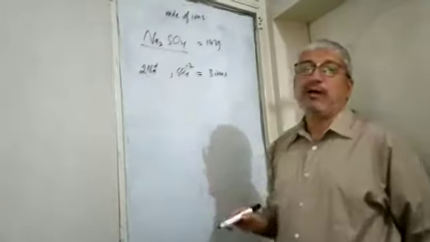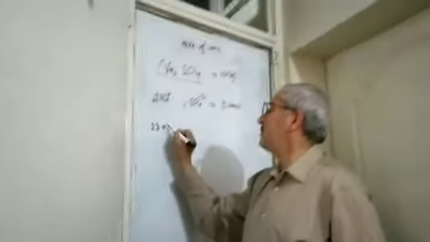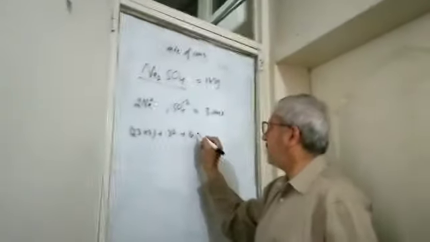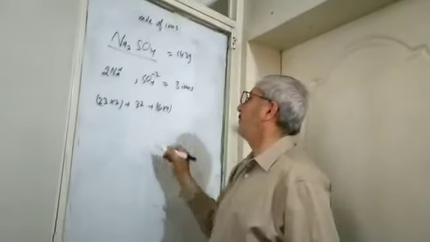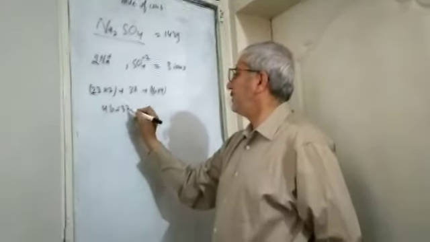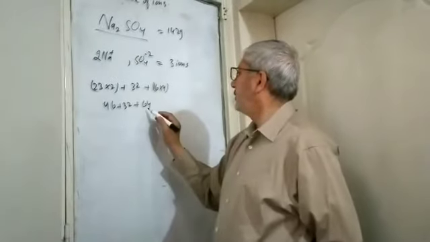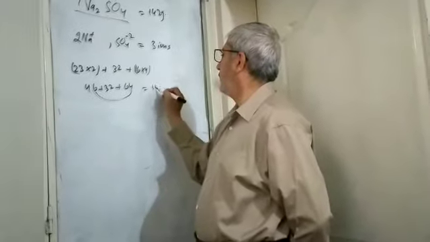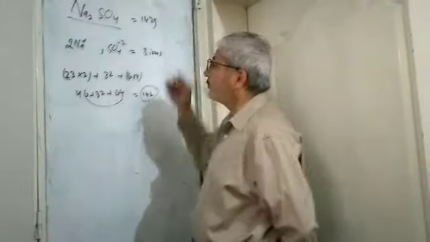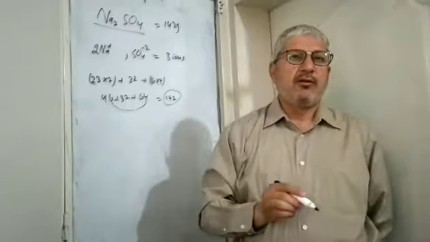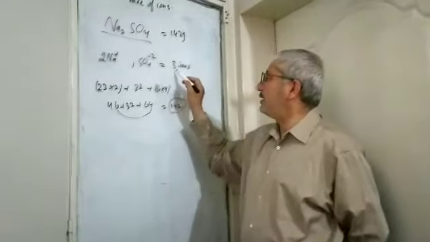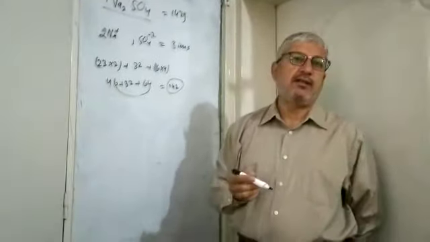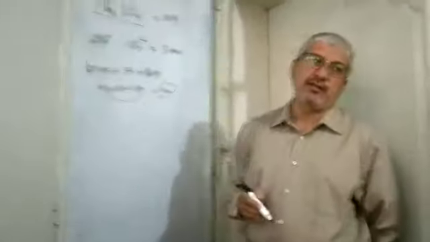Find the molecular mass. 23 multiplied by 2 plus 32 of sulfur plus 16 into 4 for oxygen. 46 plus 32 plus 64 is 142, which means this is 1 mole of sodium sulfate. From 1 mole there will be 3 moles of ions. Answer will be 3.